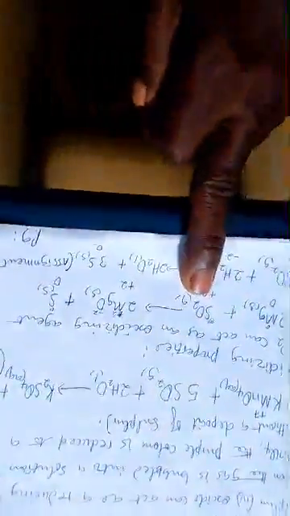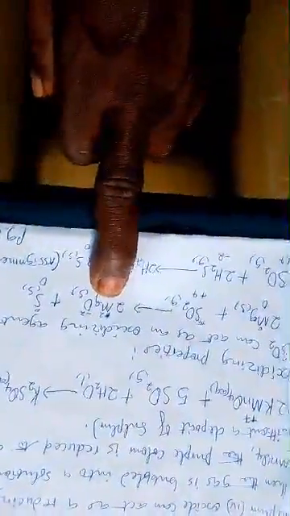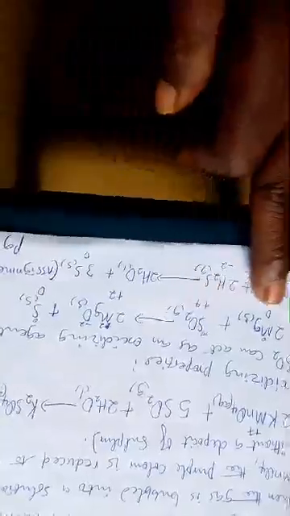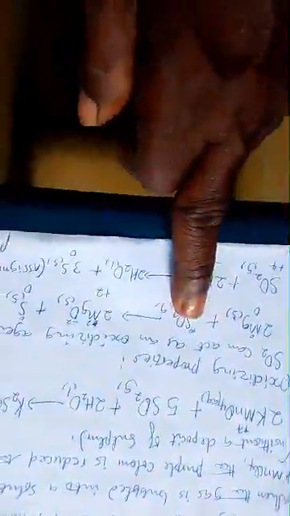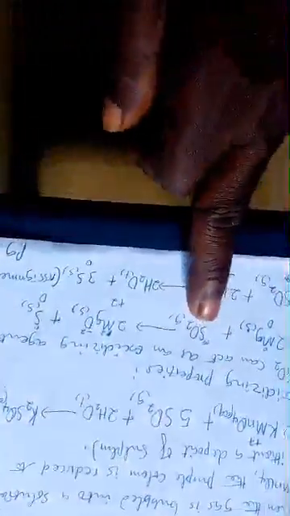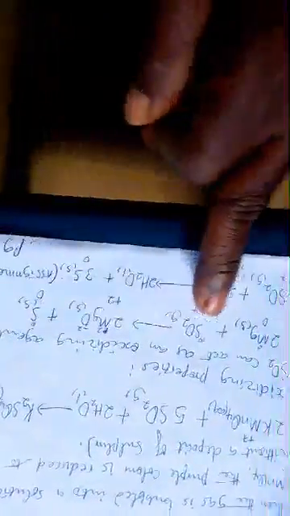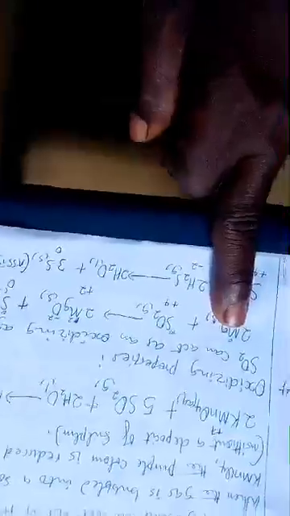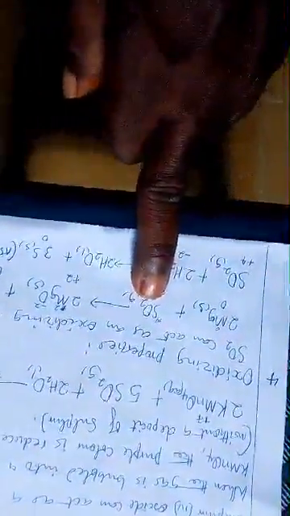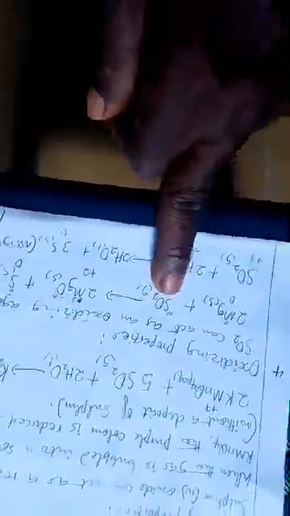So sulfur dioxide has oxidized the magnesium, and the magnesium has reduced the sulfur. Hence, sulfur dioxide is the oxidizing agent to magnesium, while magnesium is a reducing agent to the sulfur here.